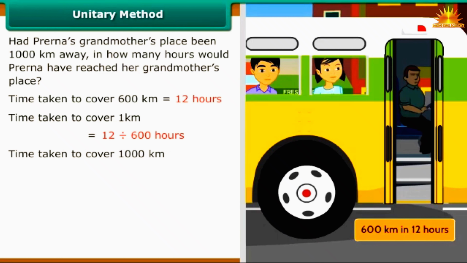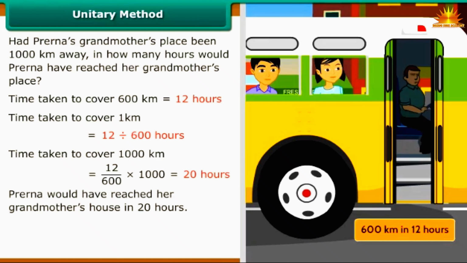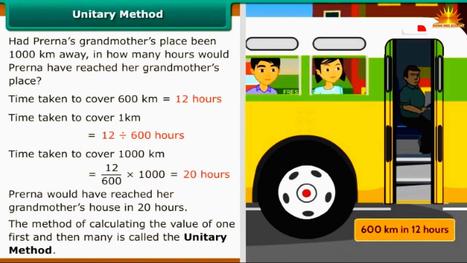Time taken to cover 1,000 kilometers is equal to 12 upon 600 into 1,000, which equals 20 hours. Prerna would have reached her grandmother's house in 20 hours. The method of calculating the value of one first and then many is called the unitary method.